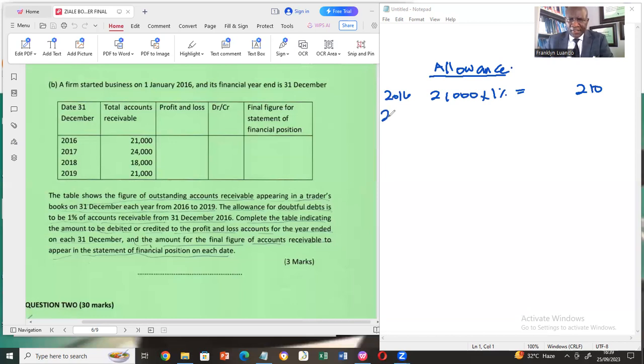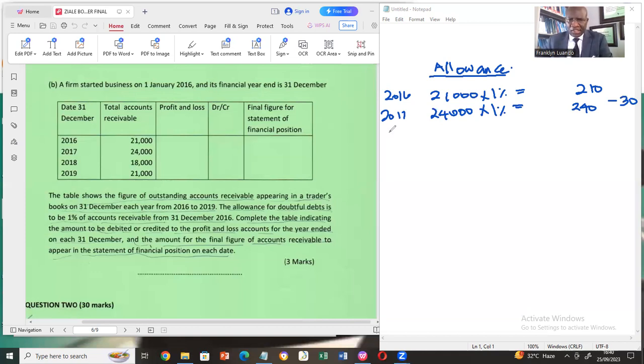On 2017, it is 24,000 receivables. Multiplied by 1%. This will give us 240. I want you to pay particular attention. 240 here, there is an increase. The increase is 30, which will debit to P&L.